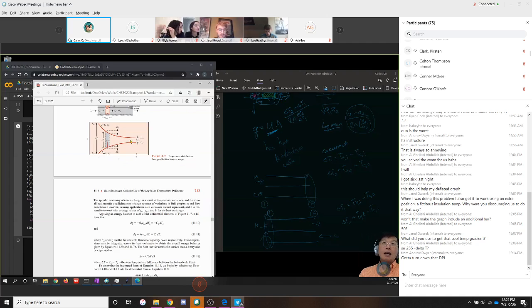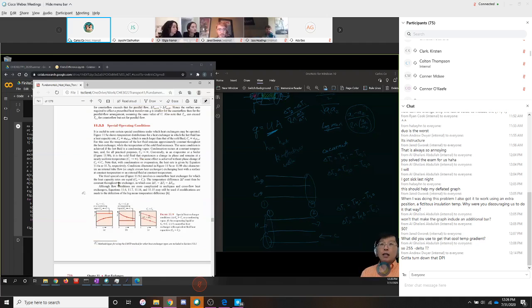You always meet somewhere in the middle, right? As you go along your heat exchanger, the temperature differential keeps decreasing until, farther down, basically you're just wasting heat transfer area. You have more area for heat transfer, but the two temperatures have basically converged together and you no longer have a driving force for heat transfer.